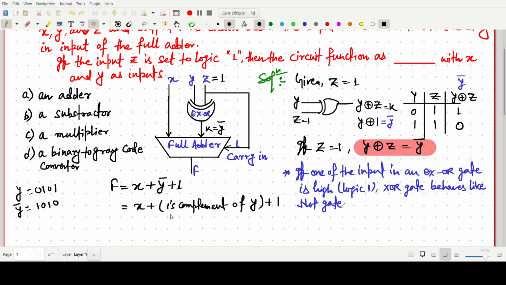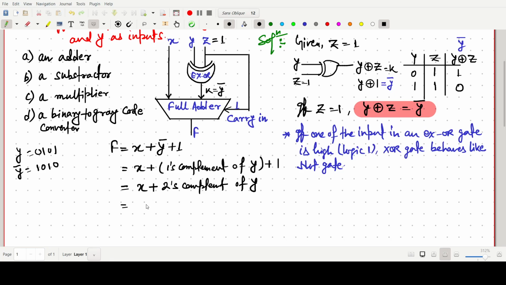So X plus the 1's complement of Y, plus 1, is nothing but X plus the 2's complement of Y. The 2's complement is nothing but minus Y, because complements are used in digital computers for subtraction.